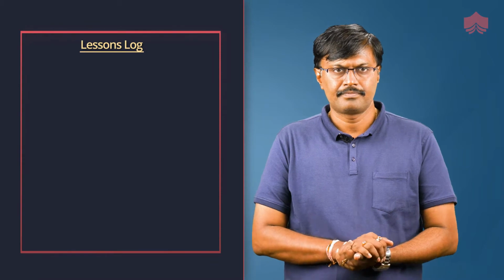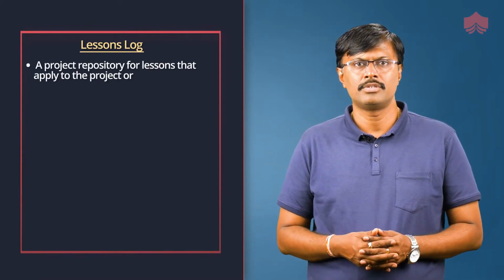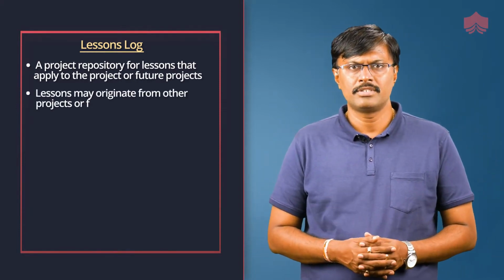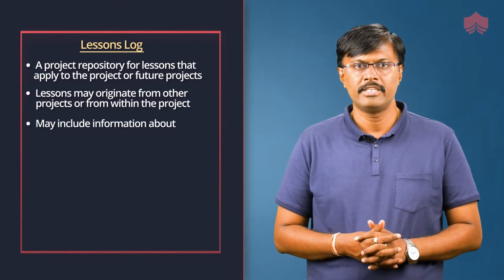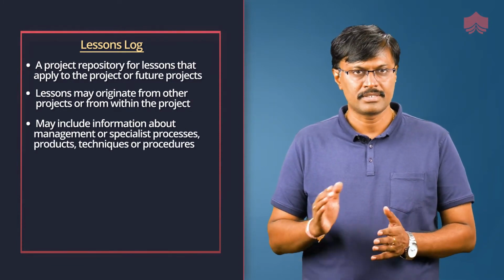Lessons log. A lessons log is a project repository for lessons that apply to the project or future projects. Lessons may originate from other projects or from within the project. It may include information about management or specialist processes, products, techniques, or procedures.